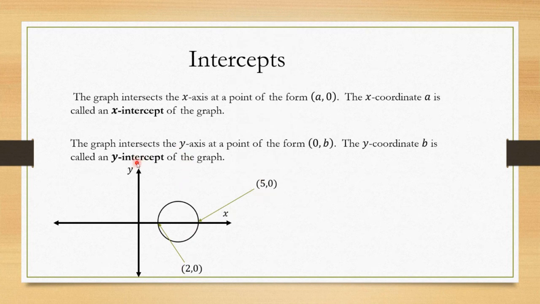And for y-intercepts, it's the same idea, except they intersect the y-axis. So in that case, the point would be of the form 0, b. Because again, if you're on the y-axis, your x-coordinate has to be 0. So whatever that y-coordinate is, that's the y-intercept of the graph.